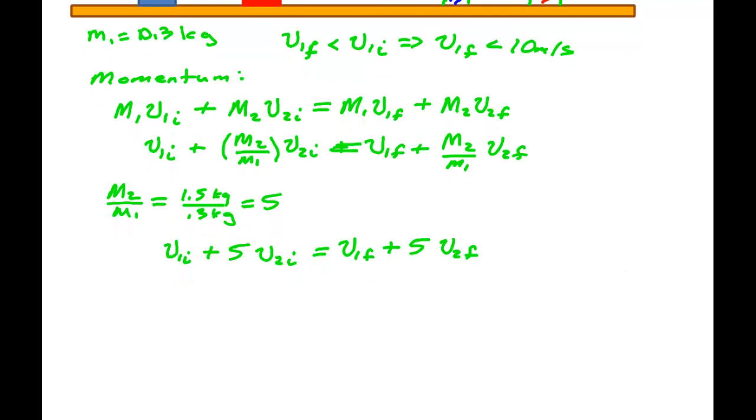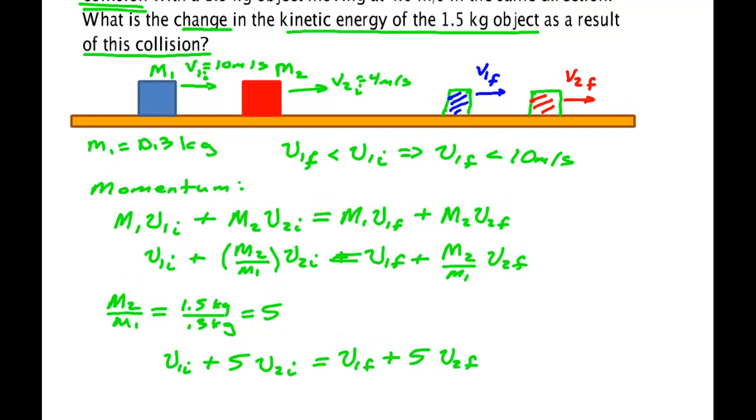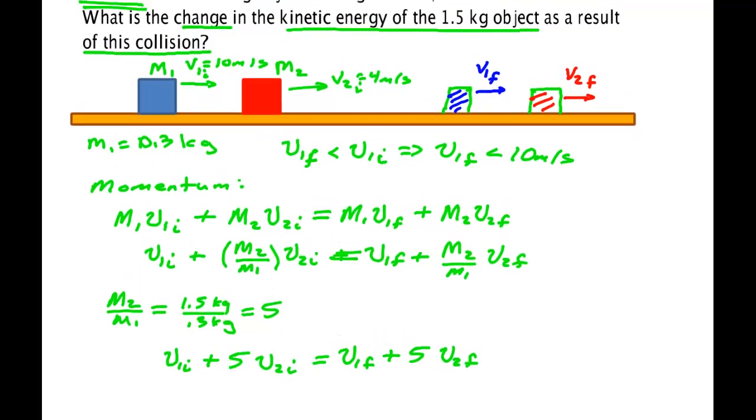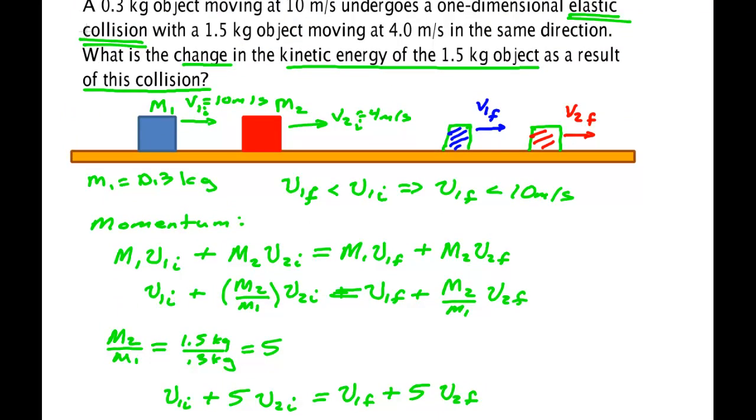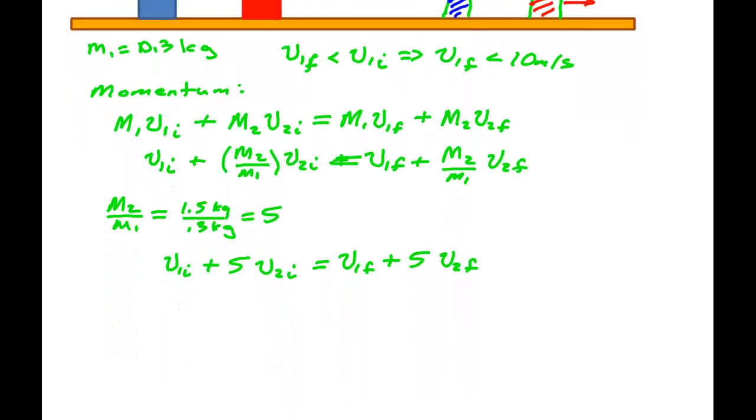It does ask for the kinetic energy change of the second block, so since it asked for the second block, we should work with the second block. So I would like to get rid of V1F. If I do that, V1F is going to be equal to V1I plus 5 times V2I minus V2F.